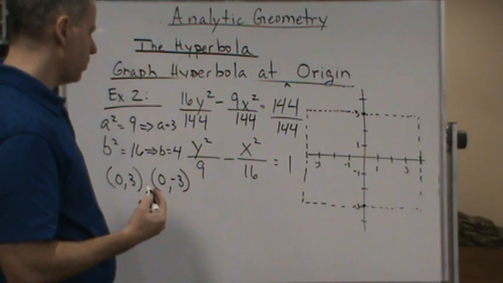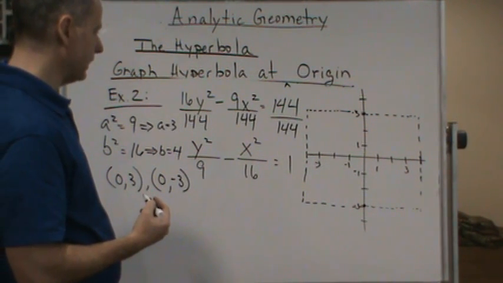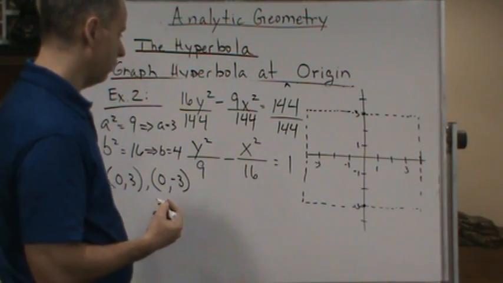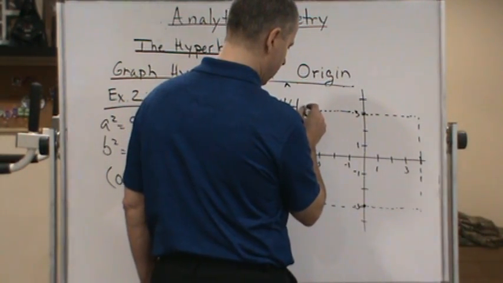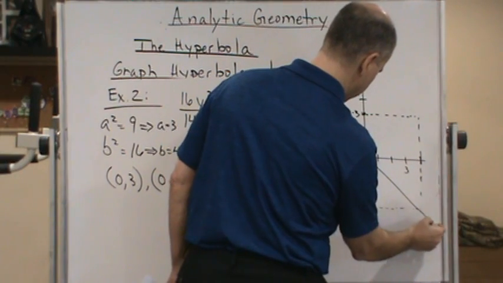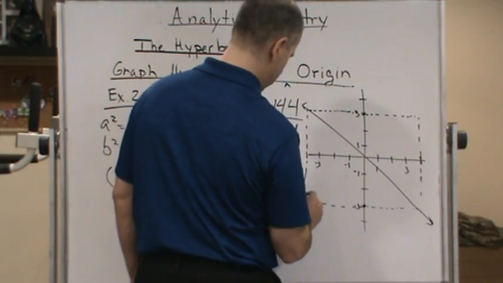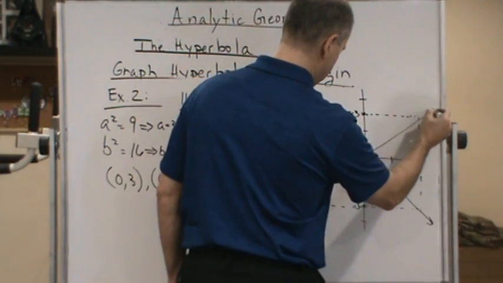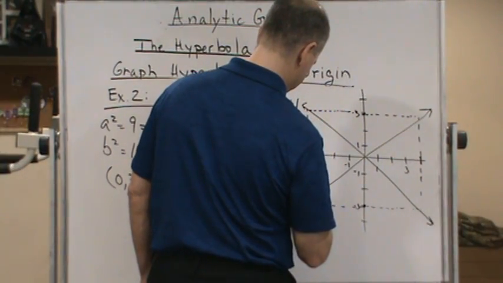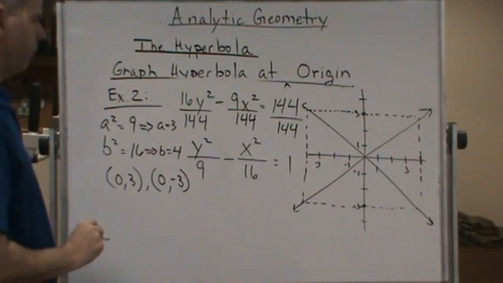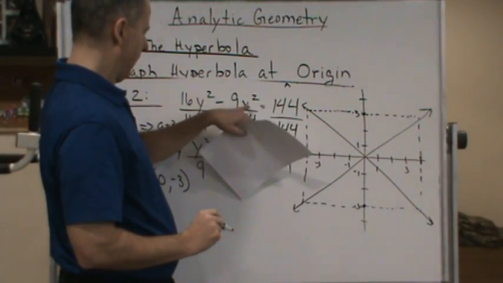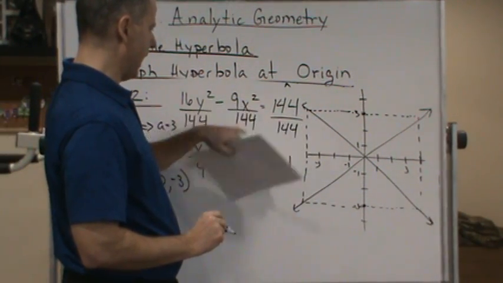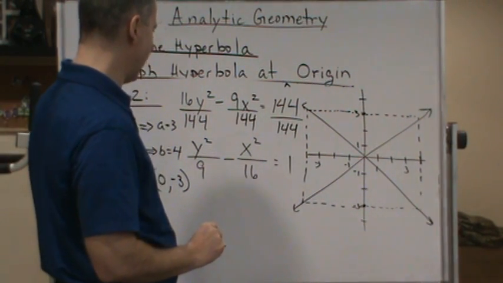So the asymptotes are going to go through the corners of those boxes, right? So in this case here, it's going to go from there and there. Now, again, because of the negative sign being with the x, it's going to traverse the y-axis, right?